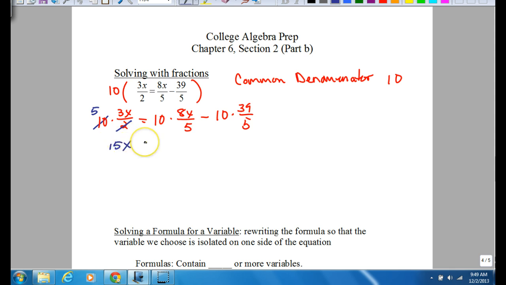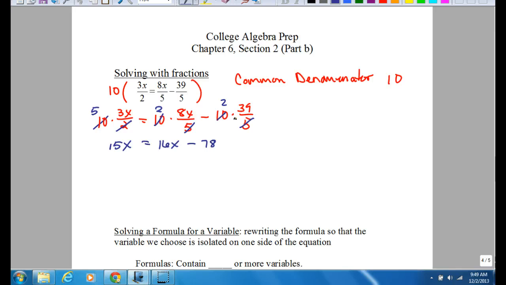Thank you, 15x. Equals, how many times does 5 go into 10? 2. So 2 times 8, 16. And then I can do the same thing with the next one. So this will be 78. See how I got rid of the fraction?